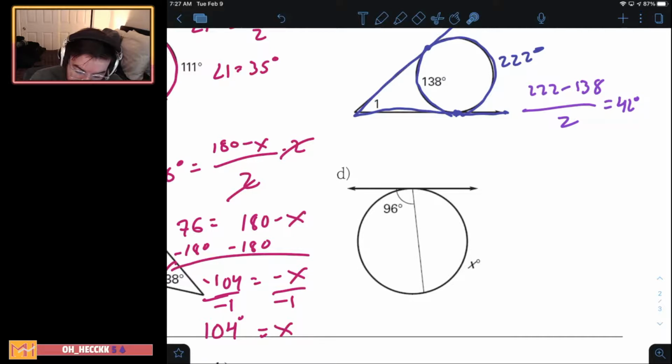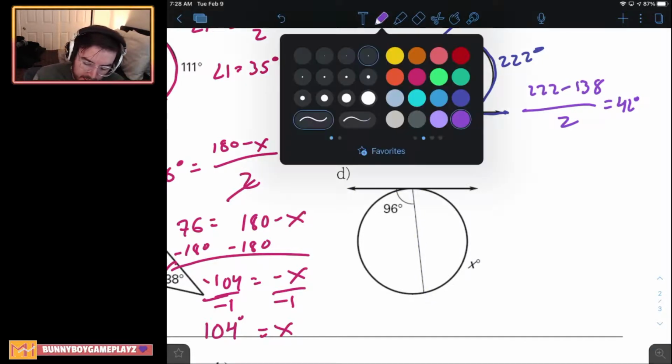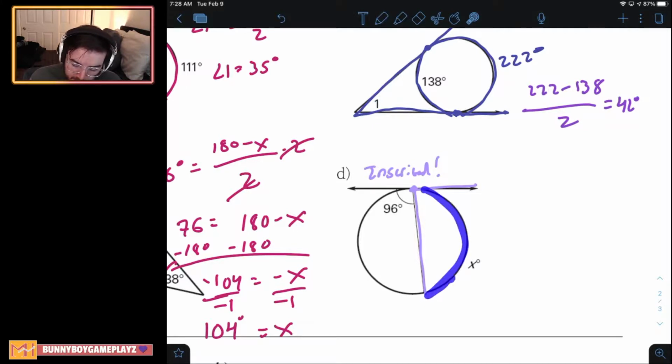What's going on here? This isn't even an exterior angle. We're just throwing in something random. This vertex is on the edge of the circle. This is actually an inscribed angle. So I don't know if this is just a mistake that I accidentally put in the wrong picture, or if I was like, you know what, let's try to be clever. Either way, we're going to pretend that we're trying to be clever. Yeah, it's inscribed. So how can we find the measure of this arc?